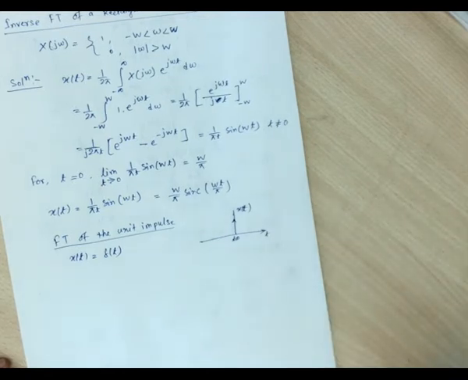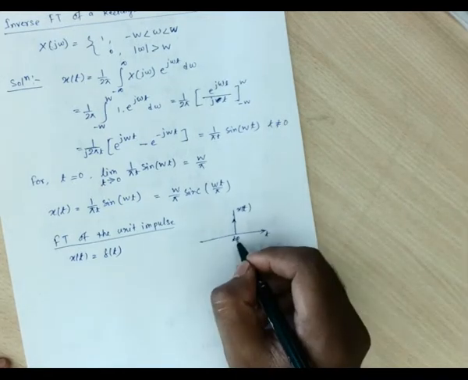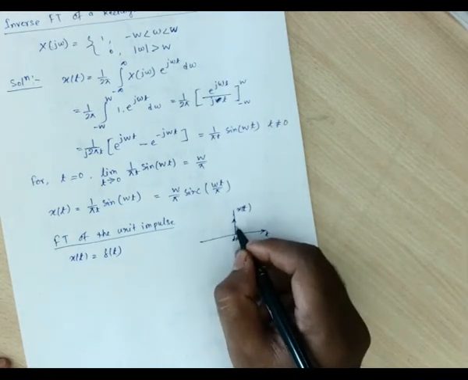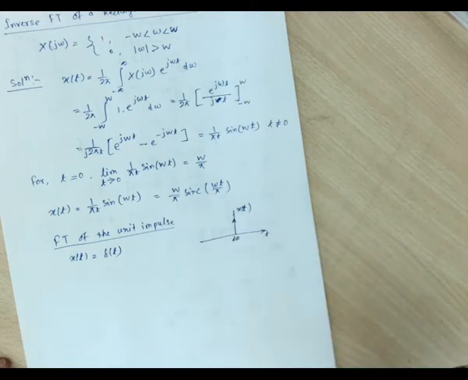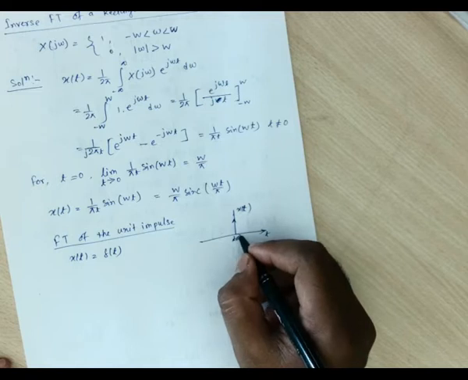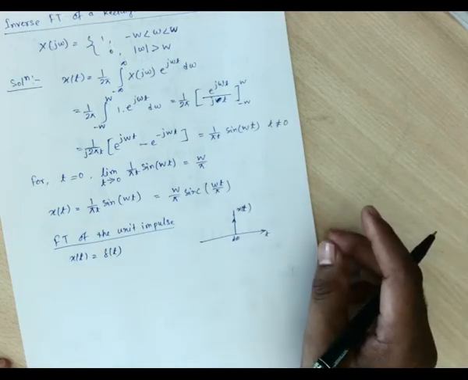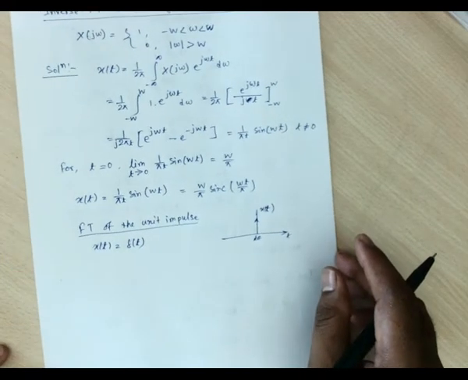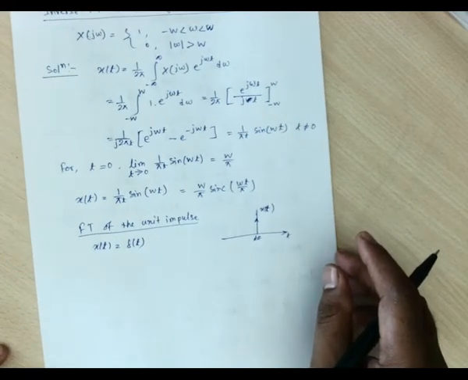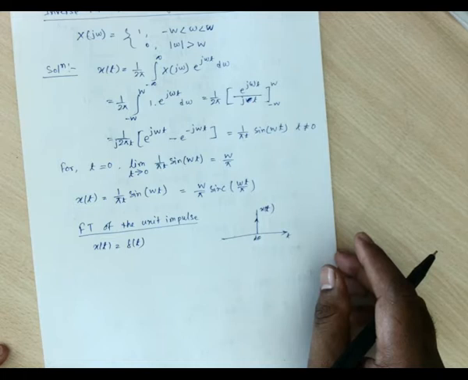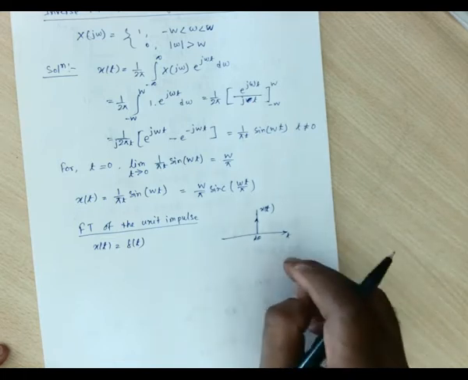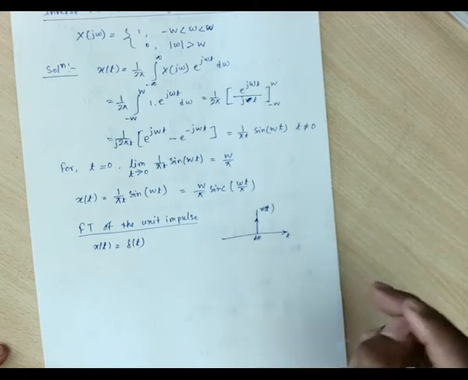At t equal to 0 some discontinuity is there, because after that no signal exists. But according to the Dirichlet condition, this discontinuity must be finite, and here the discontinuity is infinite.